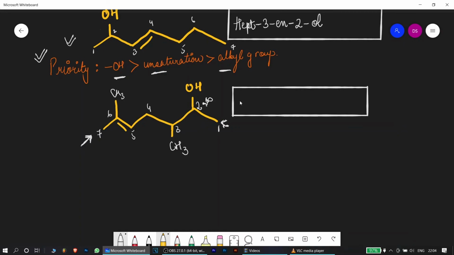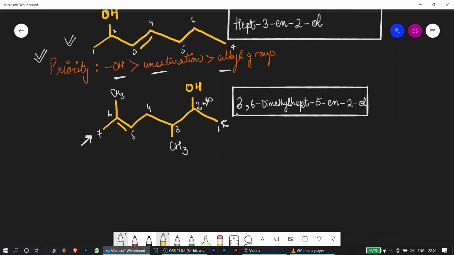Here first we are going to write the position of the alkyl groups. So it is 3, 6 dimethyl, okay, and then the naming of the longest chain, which is hept, all in continuation, okay, and then the position of the unsaturation 5, and then unsaturation suffix ene, and then the position of the alcohol group 2, and then ol.